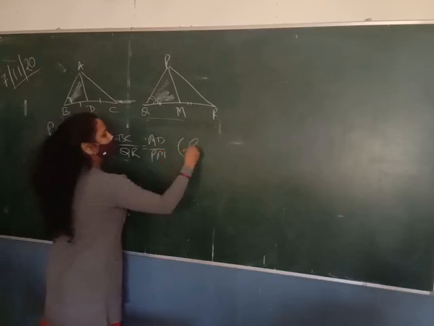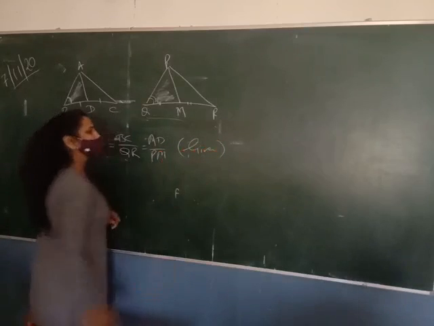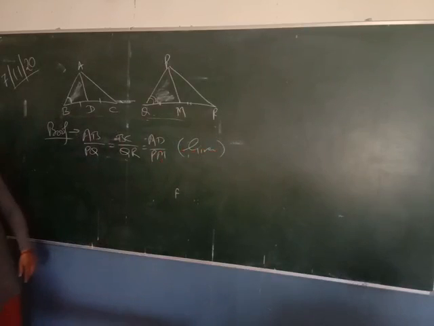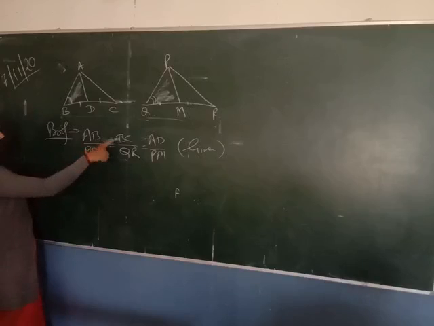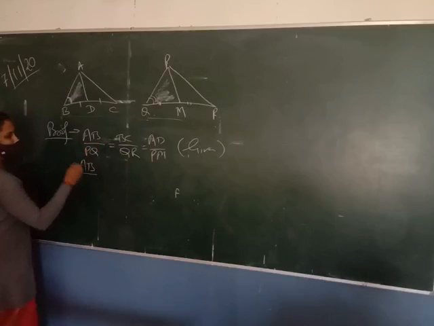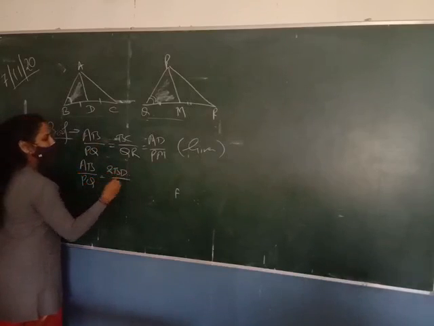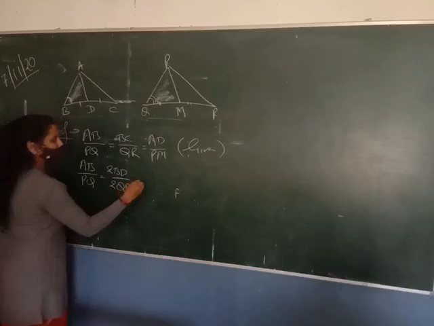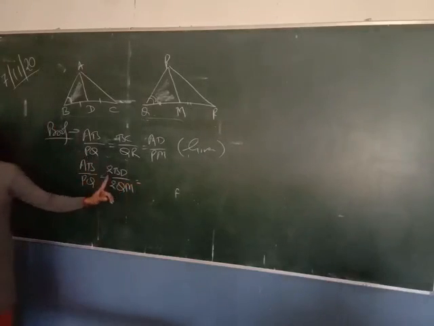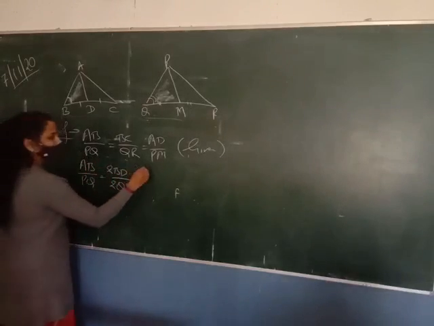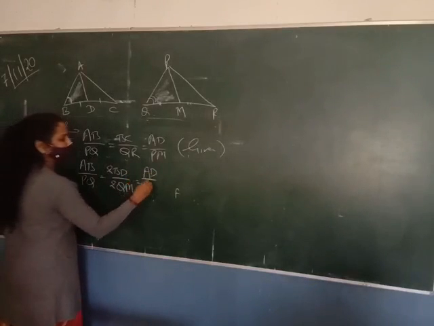It is given in the question. Okay, Nishan? BC. We can write BC as 2BD. It means AB upon PQ is equal to 2BD upon 2QM, and you have to write the reason for this one, in bracket. Is equal to AD upon PM.